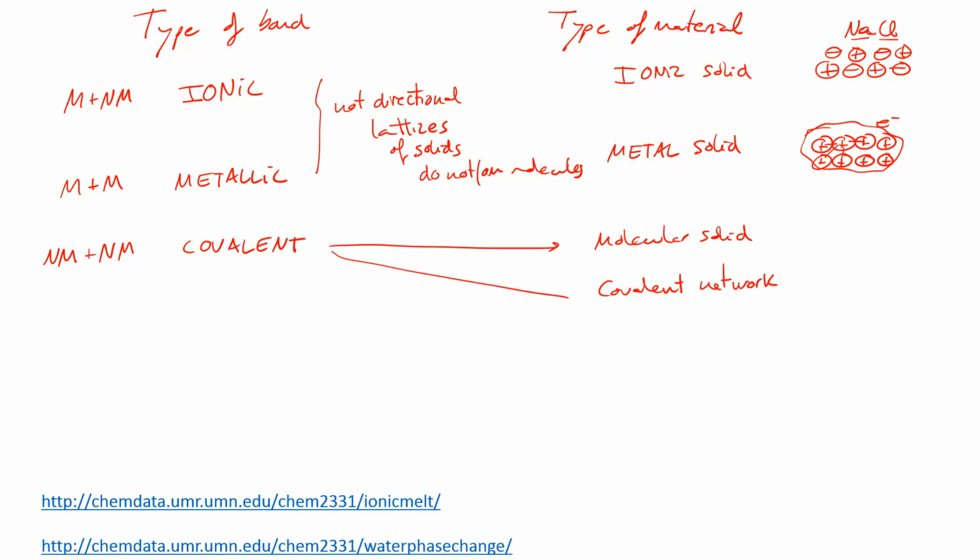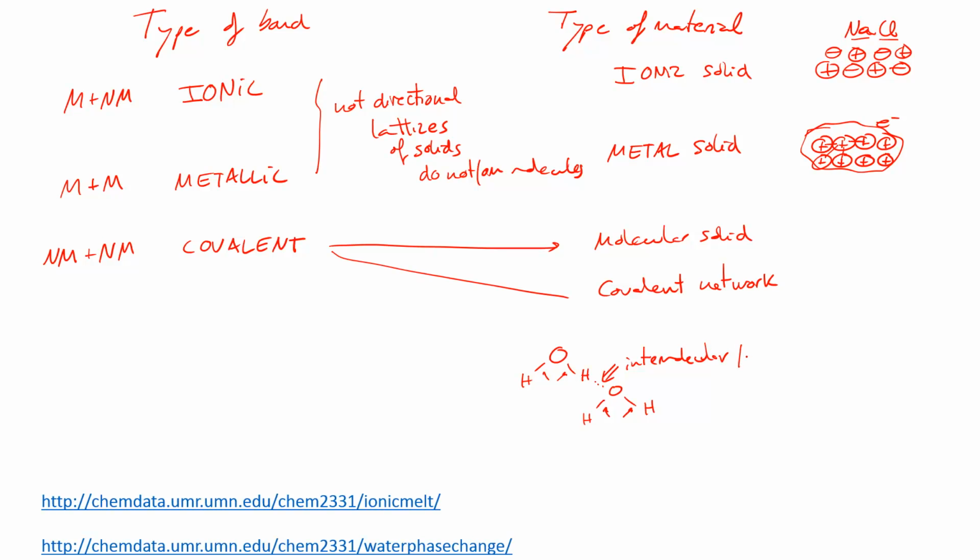Your material is made out of molecules. So for example, you have oxygen and hydrogen. There is a covalent bond in here and in here, but then, and I'm drawing of course the structure of ice, these are covalent bonds, but these are not. These are intermolecular forces.